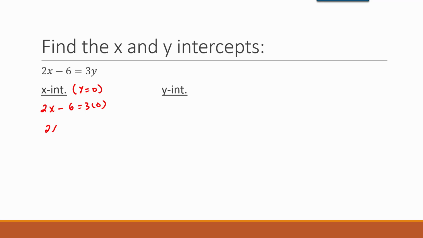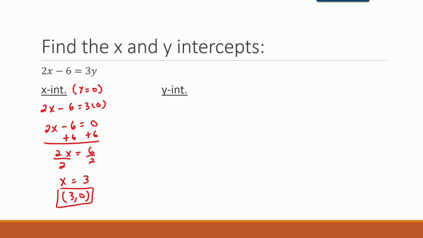So 2x minus 6, 3 times 0 is 0. Solve the equation for x. So we would add 6 to both sides. And divide by 2. So the x-intercept is (3, 0).